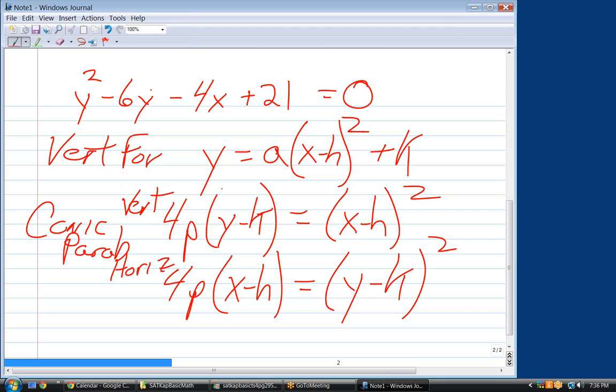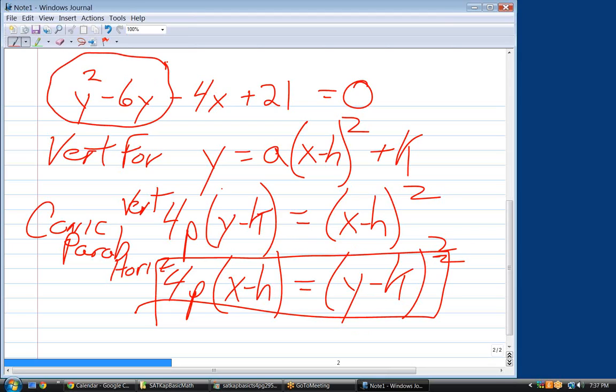Since we're dealing with a horizontal parabola in this polynomial here, we want to try to make it look like this. Okay? Okay. Well, in order to make it look like y minus k squared, we have to complete the square of that.